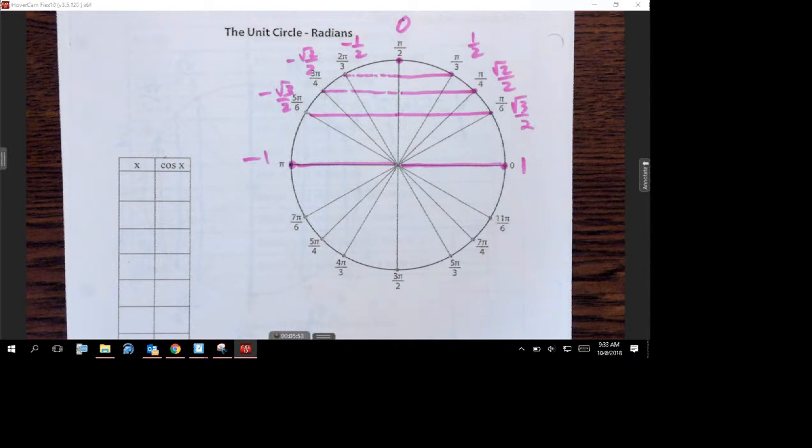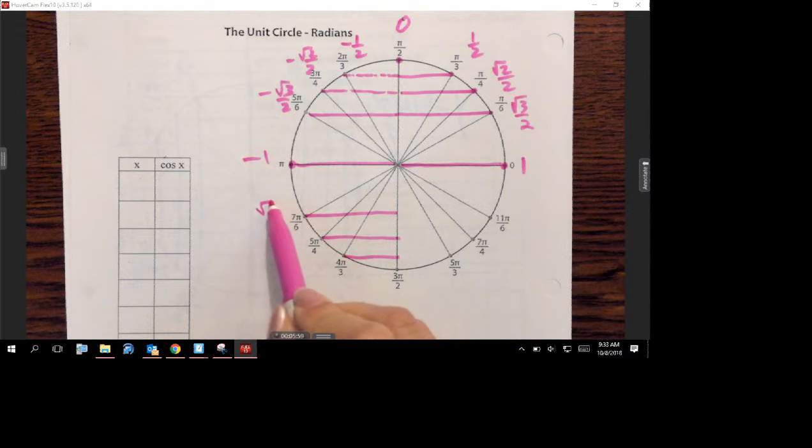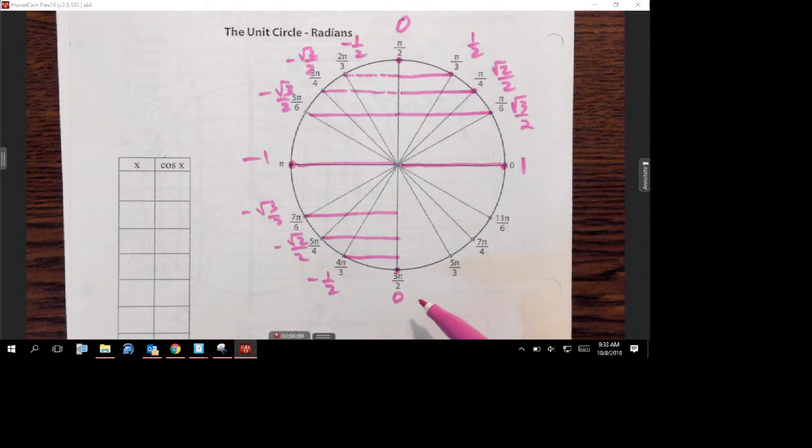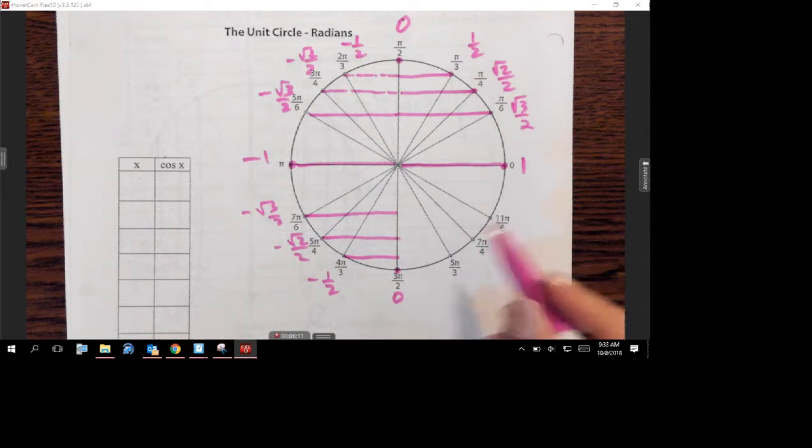And then from there, we're getting less negative. We're still negative, but we're getting less negative. And so when we get to 3 pi over 2, we're at 0. But I haven't finished my circle yet. So after 3 pi over 2, now the x values go back to positive.